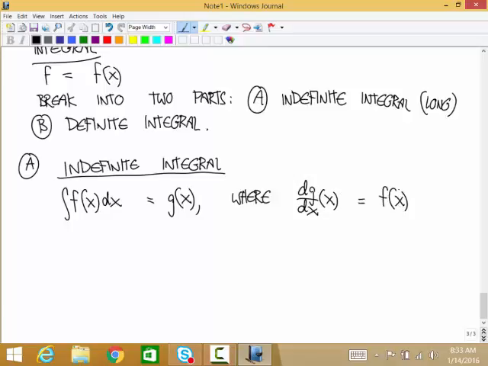Okay, so we're defining that indefinite integral as the antiderivative. It says it's whatever function you need it to be so that when you take the derivative of it, you get back where you started again.